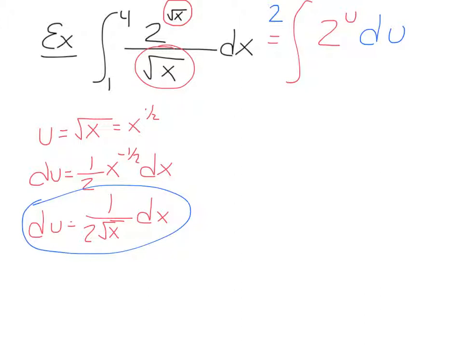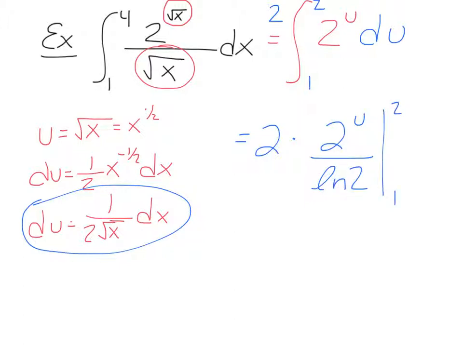And I'm going to go ahead and just change my bounds right now. If u is just the square root of x, the bottom bound will be the square root of 1, which is 1, and the top will be the square root of 4, which is 2. And now we can take our antiderivative. So we have 2 times the antiderivative of 2 to the u, which will be 2 to the u divided by the natural log of 2. And I'm going to plug in my upper and lower bounds.